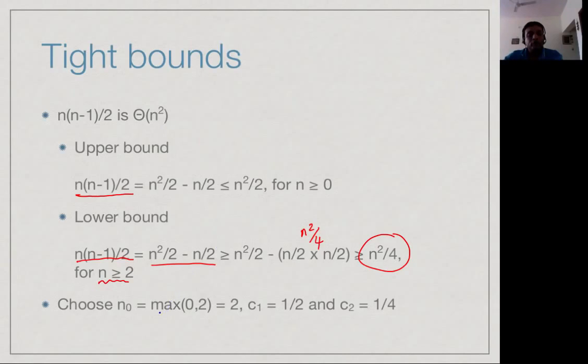So therefore, if we choose our constant to be 2, for all values bigger than 2, n into n minus 1 by 2 is less than half of n squared, and n into n minus 1 by 2 is bigger than 1/4 of n squared. So I have found this matching upper and lower bound, which shows that n into n minus 1 by 2 is actually theta of n squared.